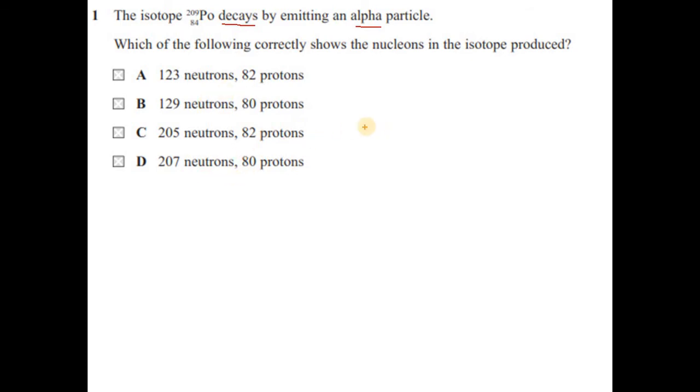So what happens when some nucleus X, having charge number Z and mass number A, undergoes a decaying process by alpha particle, alpha is 2, 4?